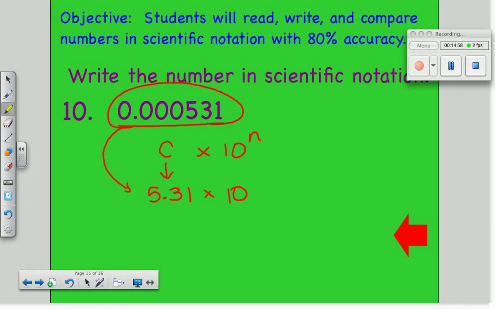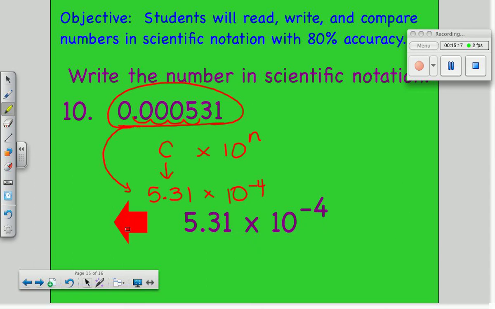Right? This has less value, so that means I divide it. Since I divided, it's going to be a negative exponent. So let's count how many times we move the decimal. 1, 2, 3, 4. 5 31/100 times 10 to the power of negative 4.